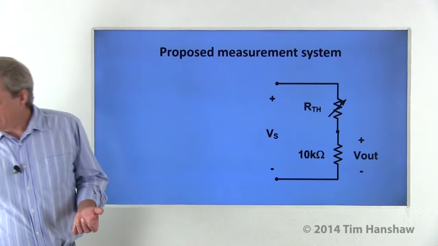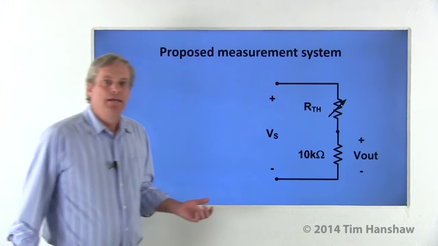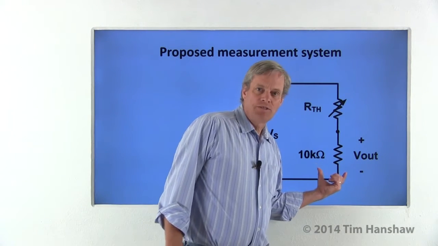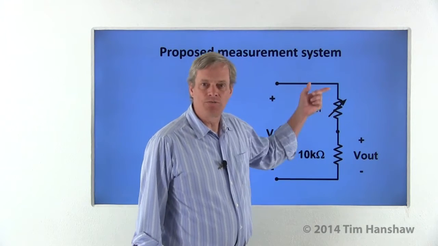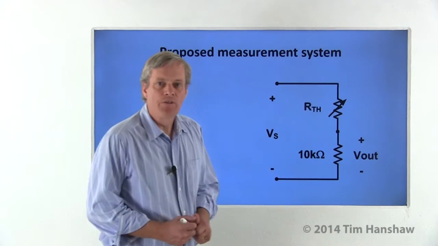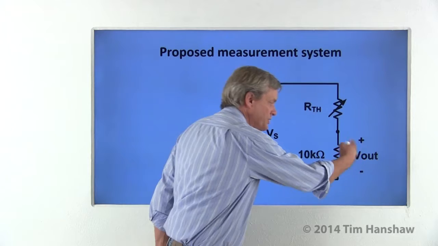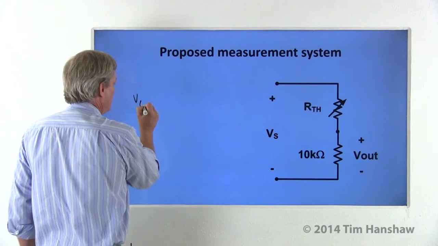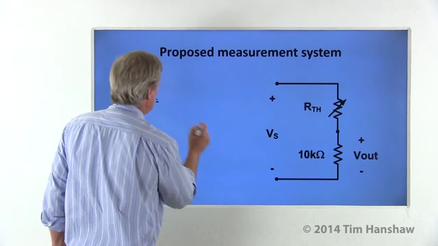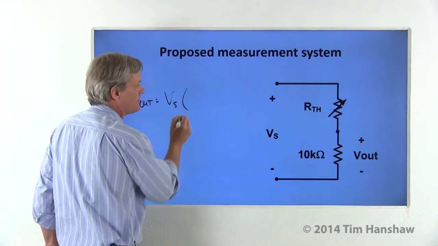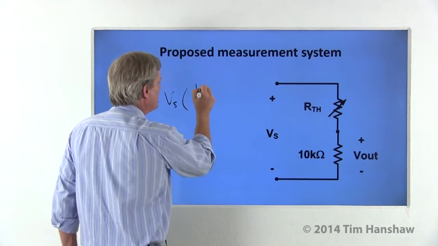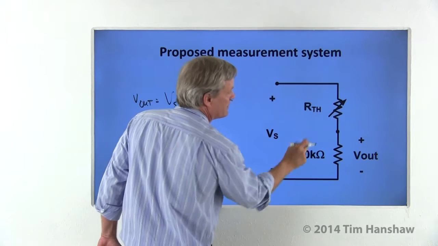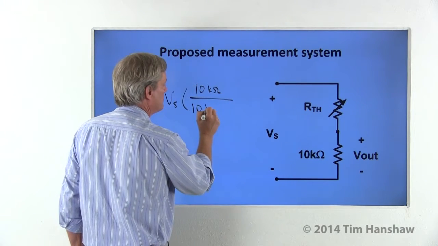The preliminary design we've been given is to use a fixed 10 kiloohm resistor in series with the thermistor to form a voltage divider. For this circuit, the output voltage, which is the voltage across the 10 kiloohm resistor, is given by V_out equals the supply voltage, V_S, times 10 kiloohms over 10 kiloohms plus R_TH.